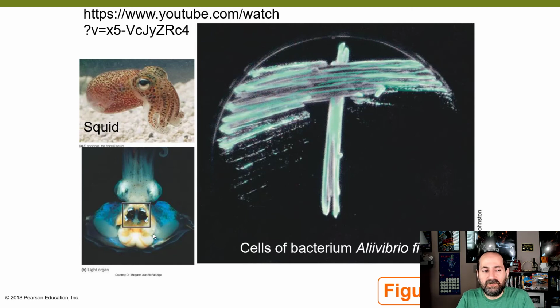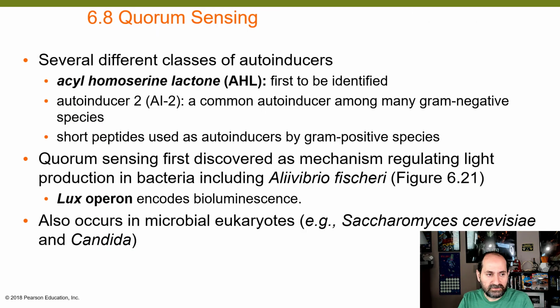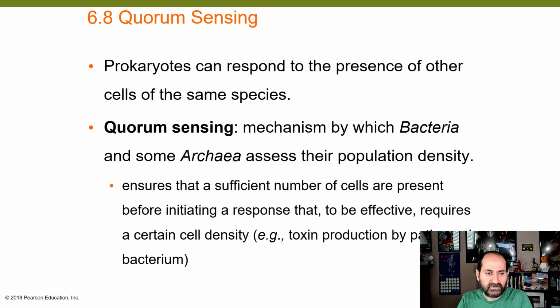Anytime bacterium want to do something that benefits them only when they're in sufficient numbers and not when they're alone, those are systems that are controlled by quorum sensing. So how does quorum sensing work?